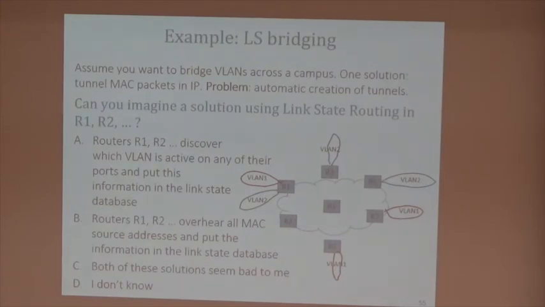And the majority says A, which is a good solution. Indeed, since all the routers have local information, they say who is all of a sudden showing up with a given virtual LAN label that I didn't have before, then this can easily be added to the LSAs.